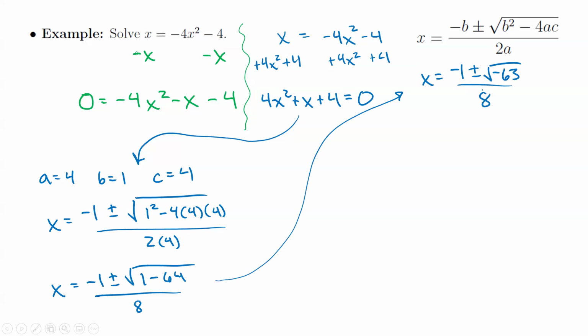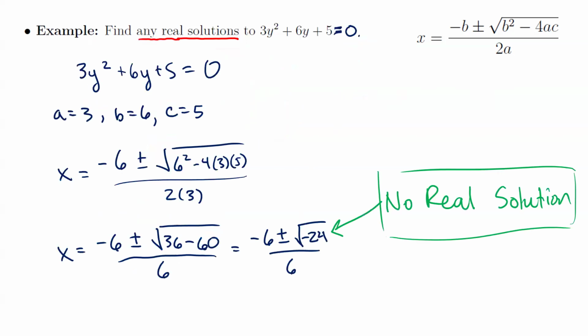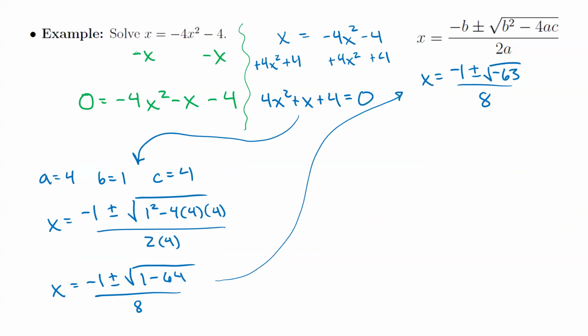Now, in the last problem, I quit at this point and just said no solution. But the reason I quit was because the instructions said find real solutions. Here, they just want me to solve. So now, if the solutions happen to be complex numbers, we're okay with that. If imaginary numbers show up, we're okay with that.